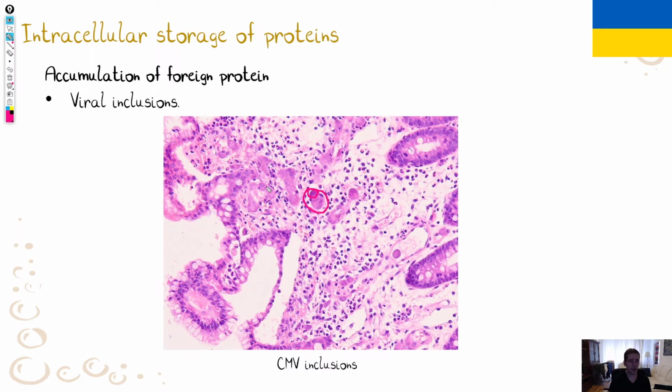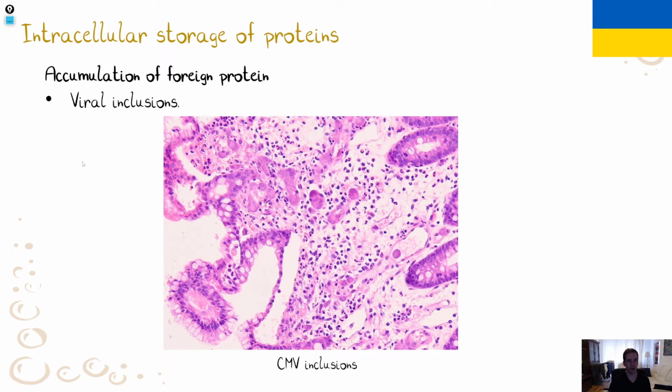And sometimes you can see, for example here, a pale halo around the nucleus. And in some instances, the cell is binucleated. So you see a huge cell with two nuclei and pale halos around them.